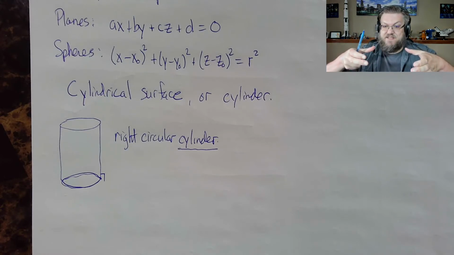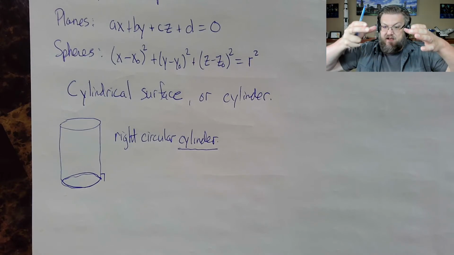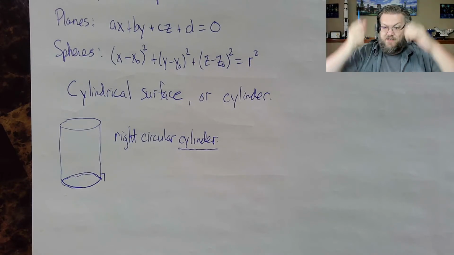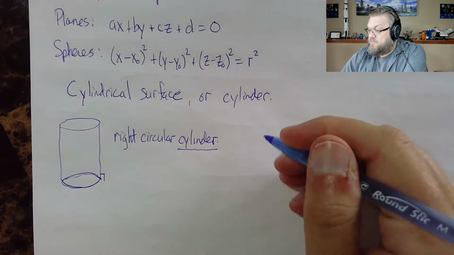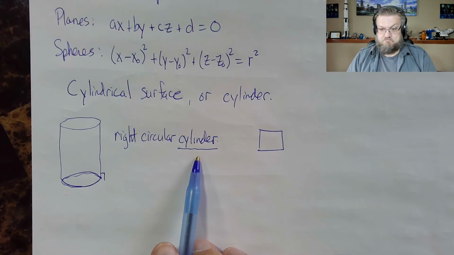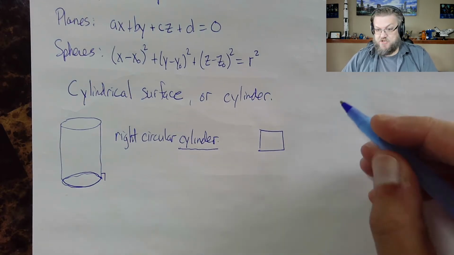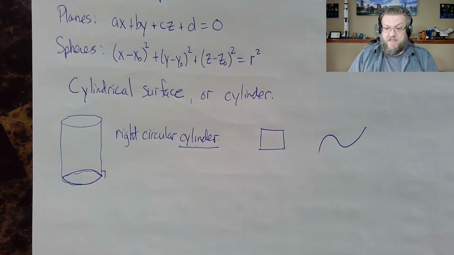And so you make stack upon stack upon stack of circles. And what that does is generate what we call a cylinder. But there's no requirement for a cylinder in general to be drawn with circles. I could draw it with rectangles and have a right rectangular cylinder, right? I could have any shape. I could have that as a curve and draw it out as a cylinder.